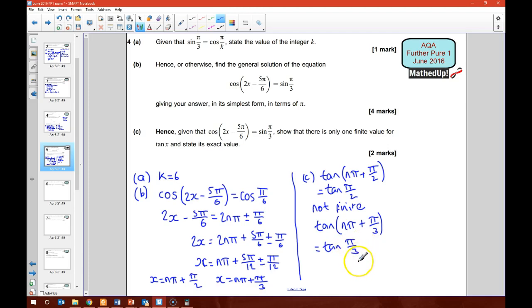And the tan of pi over 3 is in fact equal to root 3. The tan of pi over 3 is equal to root 3. And that's the only solution. Okay, so this will be, therefore, and we're just showing that there's only one finite solution. So we can say, therefore, one finite solution.